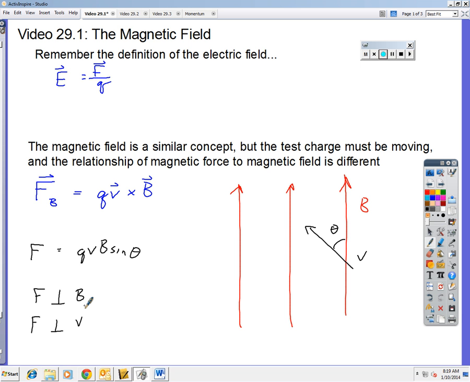Now to determine which one, we use the right-hand rule. I'll discuss that on the next slide, but the important part is it's like the electric field in that there's a field at every point in space, and that exerts a force on charged particles, but the way you calculate the force is very different.